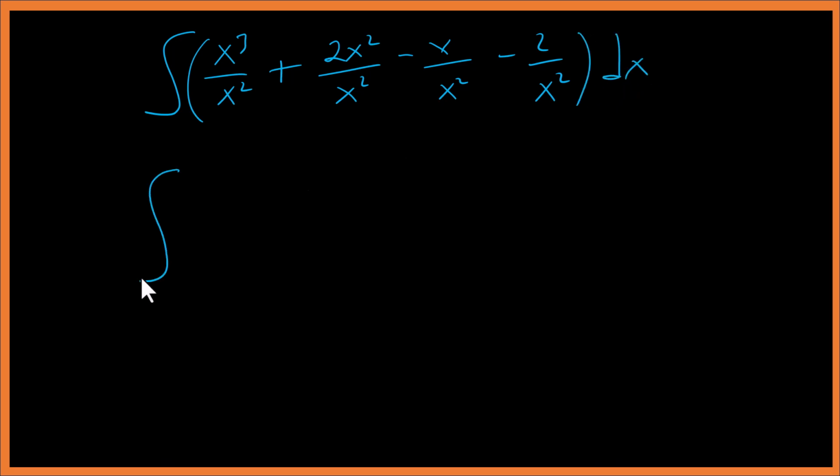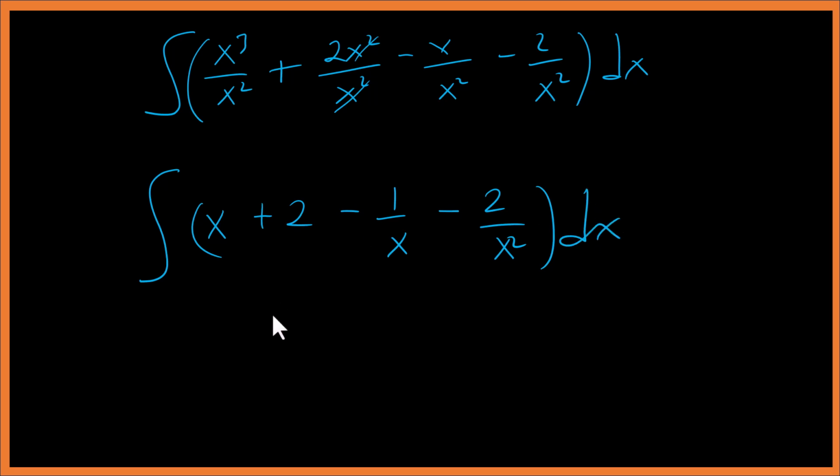So this will be x, plus 2, minus 1 over x, minus 2 over x squared, dx.